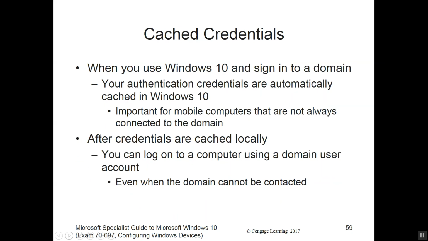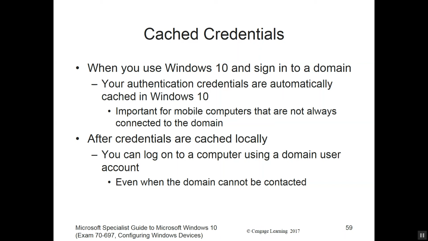Now there's cached credentials. When you use Windows 10 to sign into a domain, your authentication credentials are automatically cached in Windows 10, meaning they're saved. It's important for mobile computers that are not always connected to the domain. After the credentials are cached locally, you can log into that computer using a domain user account, even when the domain cannot be contacted.